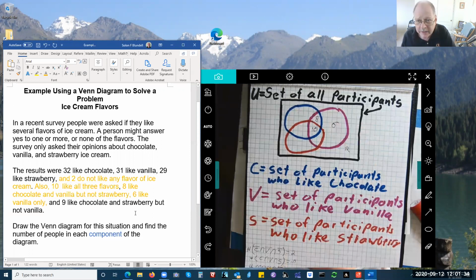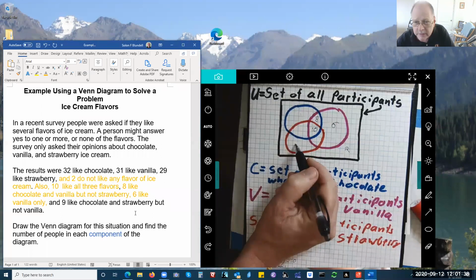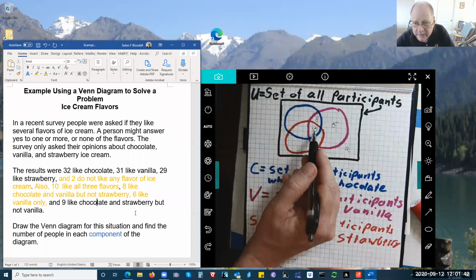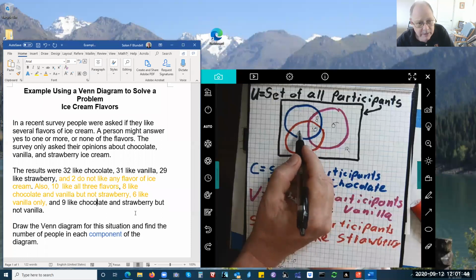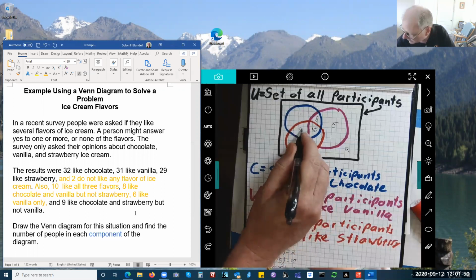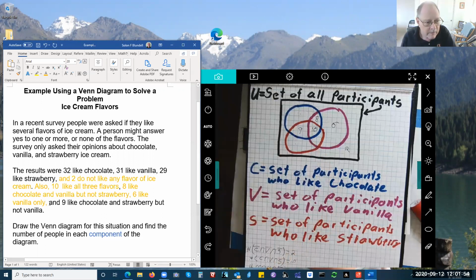Nine like chocolate and strawberry. They're in the blue and the red circles both, but not vanilla, not in the pink circle. 9 like chocolate and strawberry, but not vanilla. Okay.